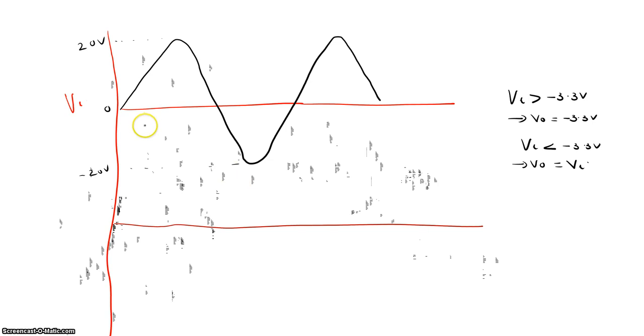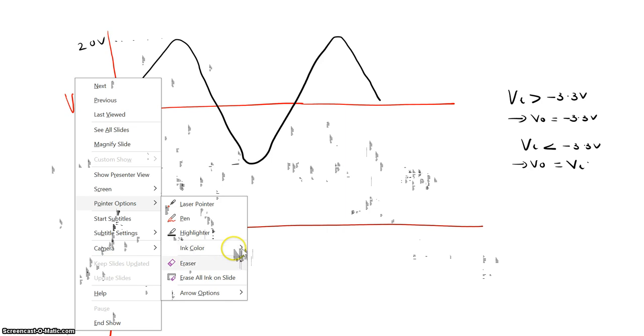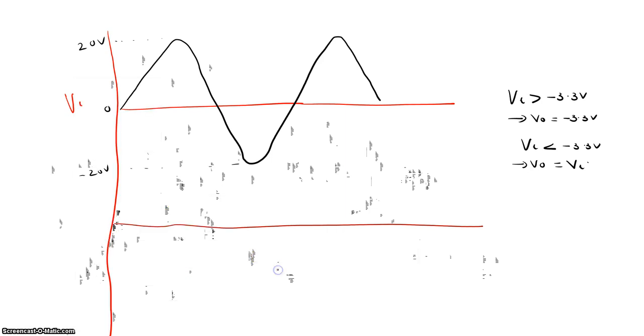So now we will mark the line at minus 3.3 volt, that is the borderline. Suppose this is going to be minus 3.3 volt. Somewhere like this it will come here.